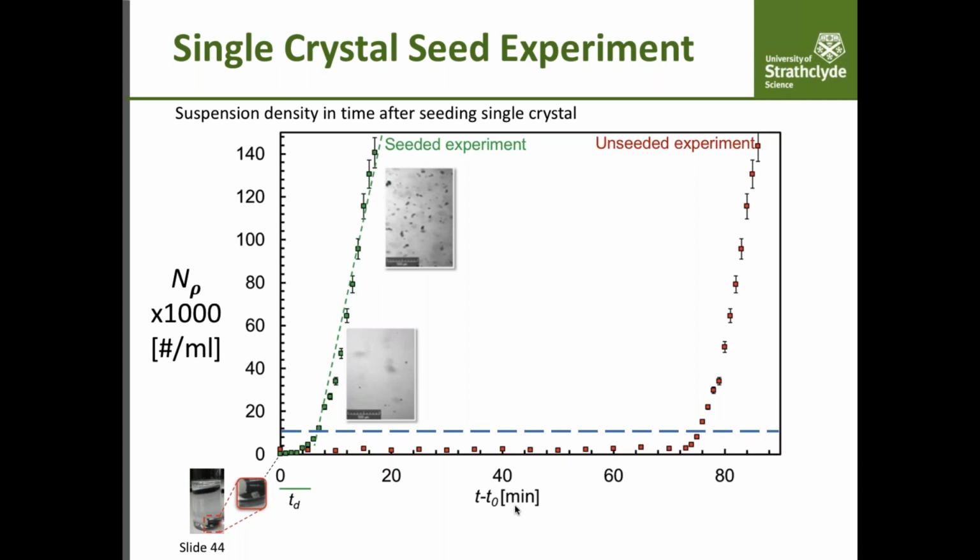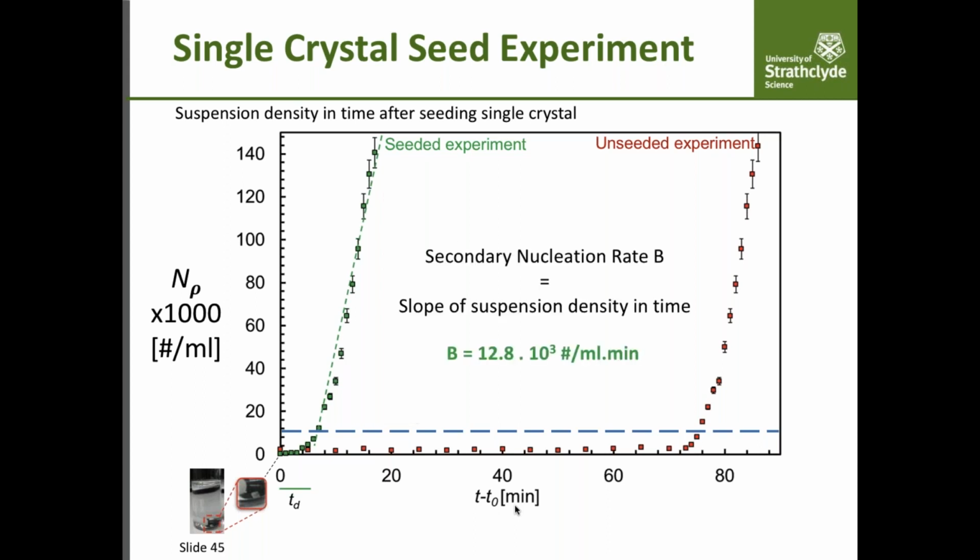So we can count with the software the number of particles as a function of time, and all these particles must have been generated by the presence of this parent crystal. So we can determine the nucleation rate caused by this single crystal by determining the slope of the suspension density in time. In this experiment, it turned out that we have a secondary nucleation rate of around 13,000 per milliliter per minute.